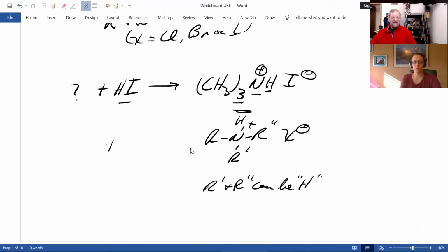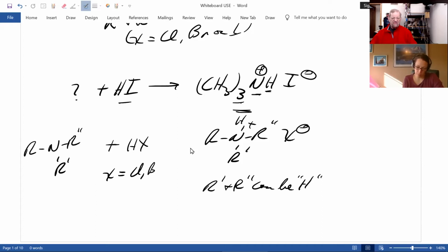How do I make it? React either a primary, secondary, or tertiary amine plus an acid. Remember, X equals chlorine, bromine, or iodine. So if I look at this, what's our R, our R prime, and our R double prime? They're all methyls.